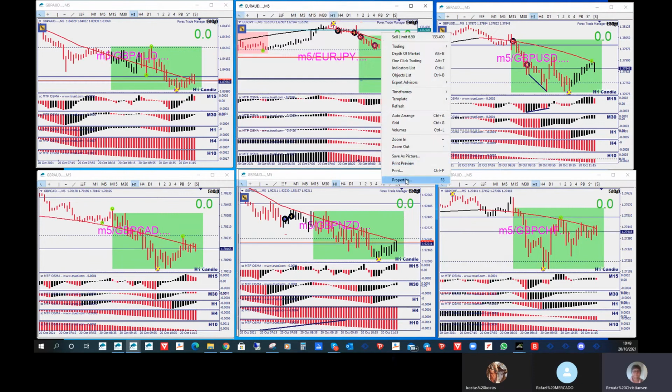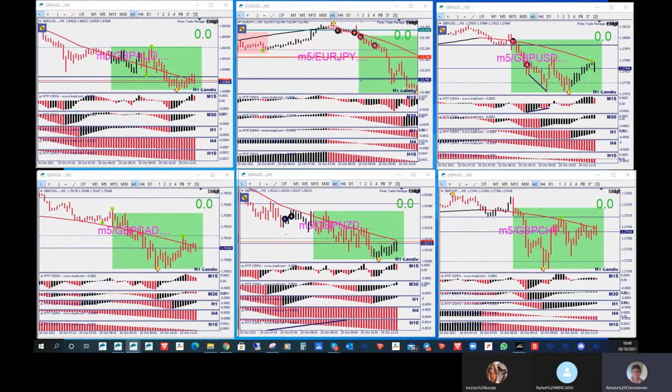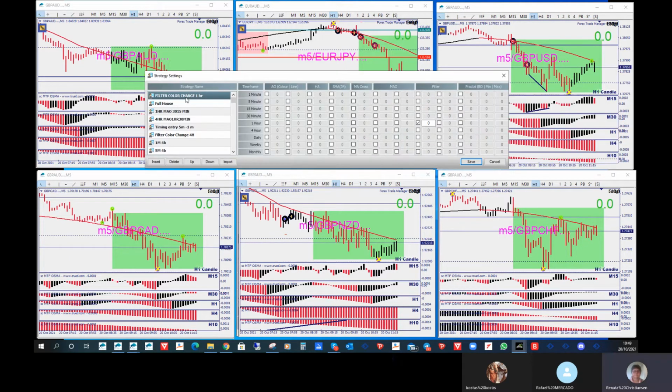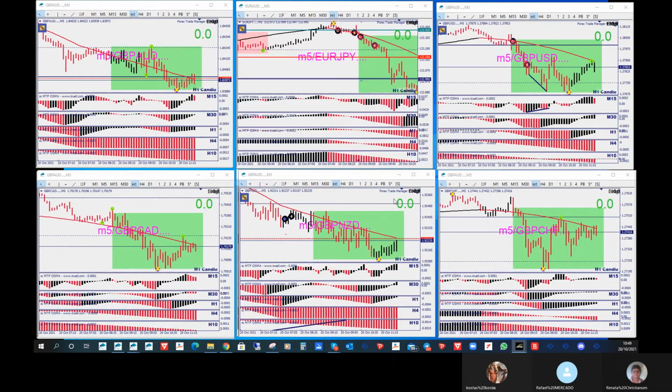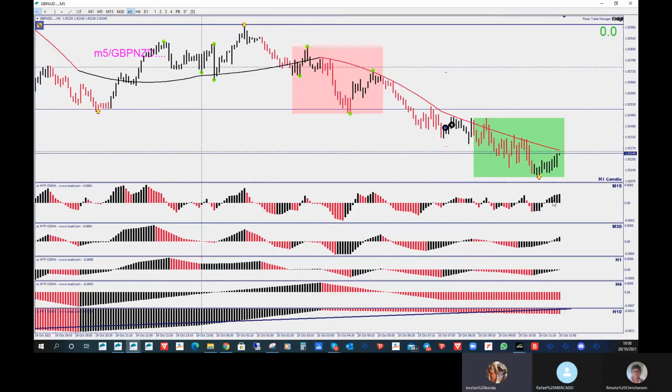You see the scan I told you to create? Yes, I did the 4 hour, 1 hour, and 30 minute. See, it gave you a scan on the pound New Zealand. If you go to the pound New Zealand, you see everything is pretty much lined up.